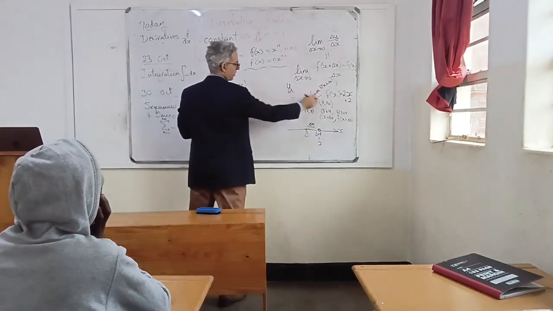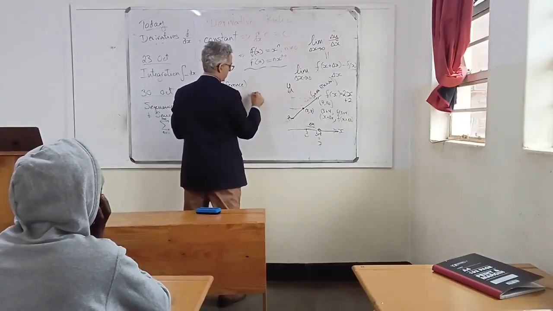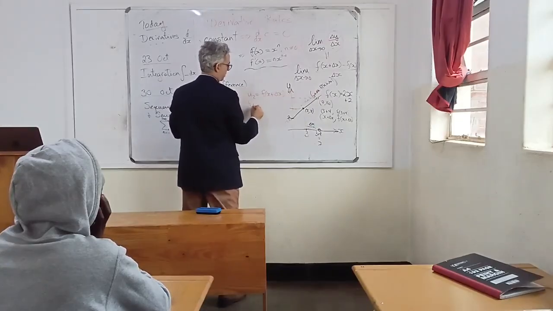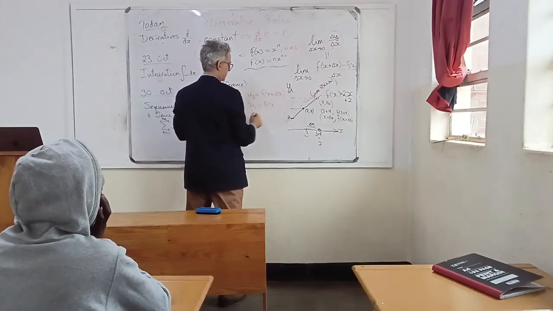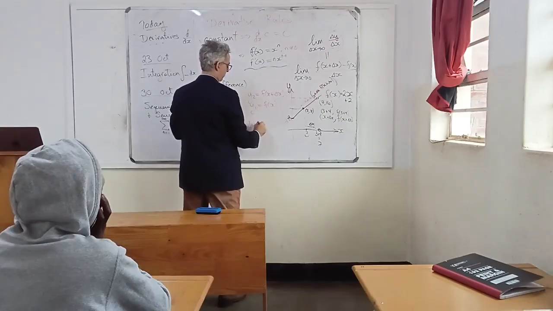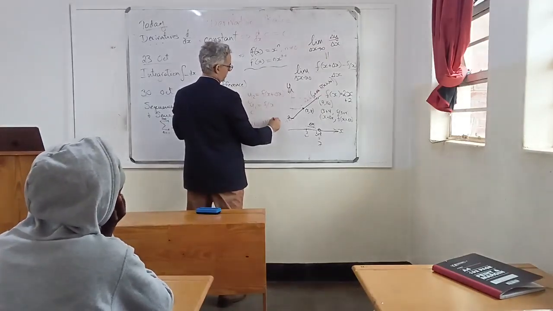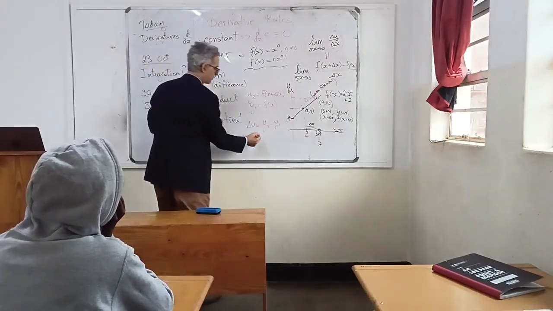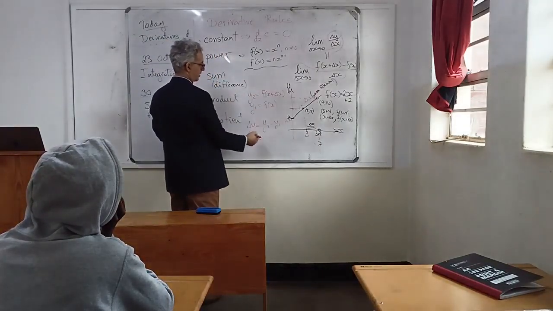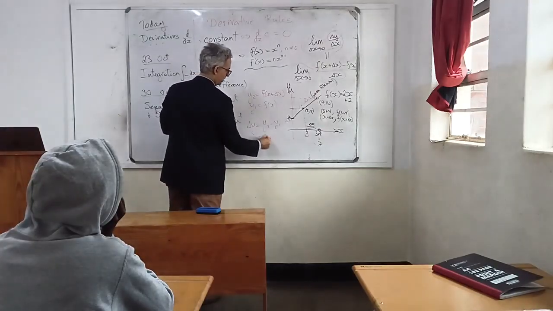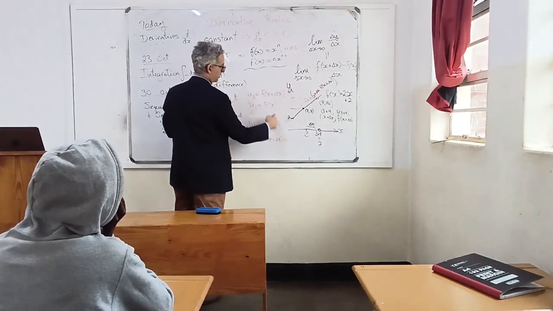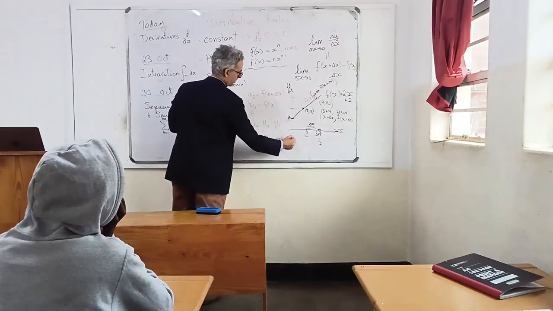So we have y2 is f of x plus delta x. y1 is f of x. What is delta y? Delta y is y2 minus y1. That's what delta y means. So now we just plug in. y2 is f of x plus delta x, minus y1. y1 is f of x, so minus f of x.